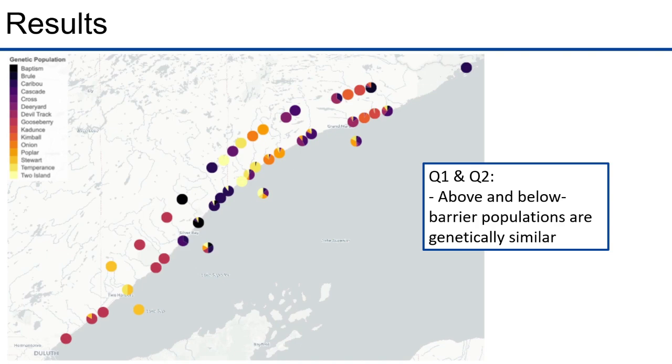Again, the colors here correspond to the genetic population assignment for individuals within a sampling location, and the proportion of individuals that assign to each of those genetic populations is depicted by their slice of the pie. And so just another way to reiterate that when we look at our above and below barrier populations within the same stream, they look really genetically similar.